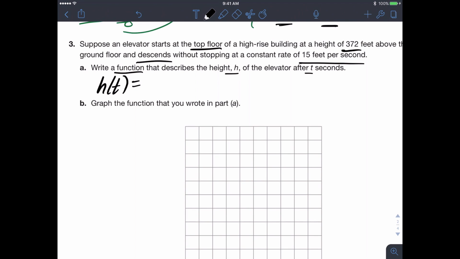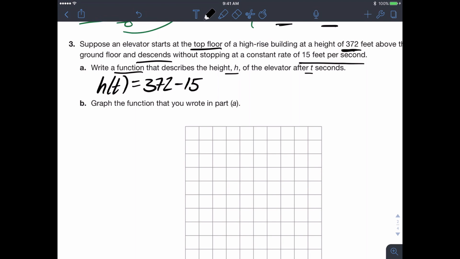Equals, we start at 372 feet. And we're descending at a constant rate of 15 feet per second. So is that addition or subtraction? It is subtraction. So we're going to go down and we're going to subtract 15 feet per second.